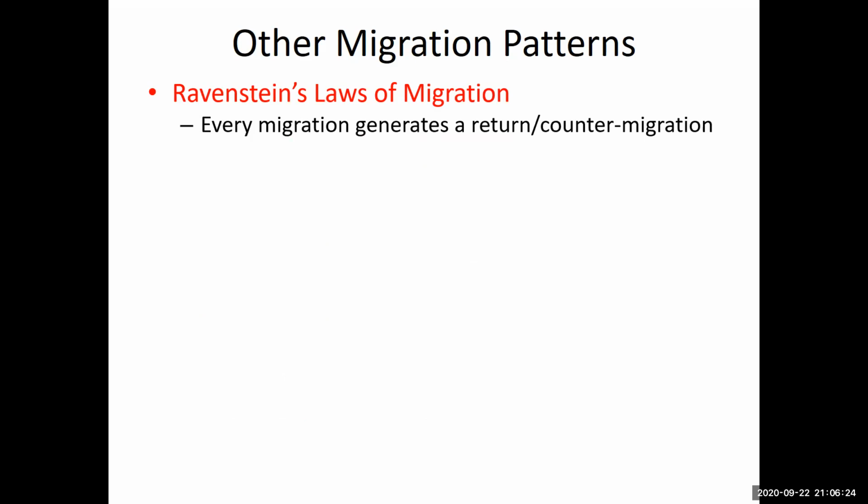For example, lots and lots of migrants from Mexico have been coming to the US over the last 50 years, and many of them often end up returning home to Mexico. Similarly, when the United States in the early 1900s had tons and tons of Italian migrants come here, only about a third of them stayed permanently.